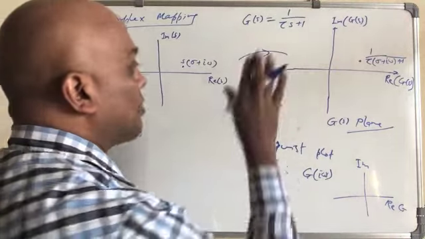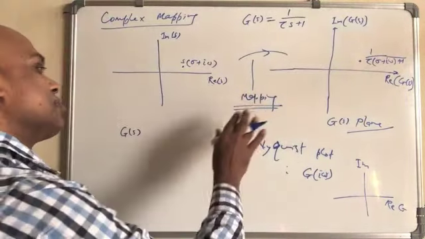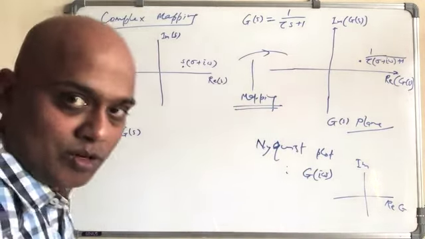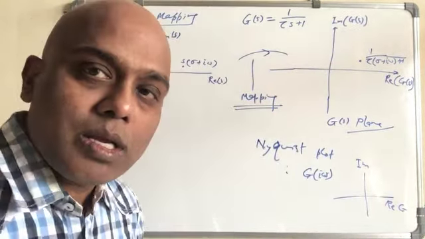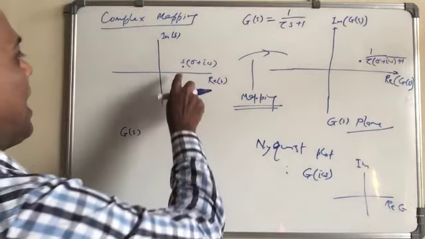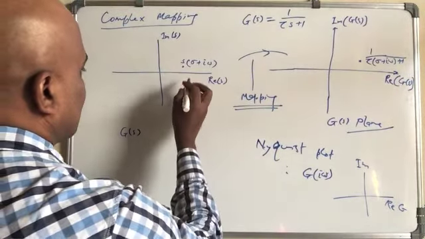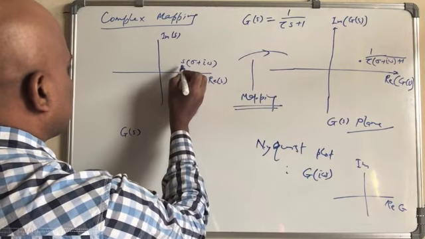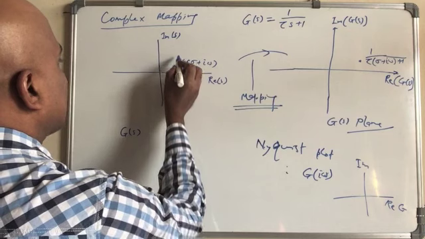Why do we do this? We do it because there is a theorem called the mapping theorem. The mapping theorem is based on how this moves. Let us say you have decided a path.